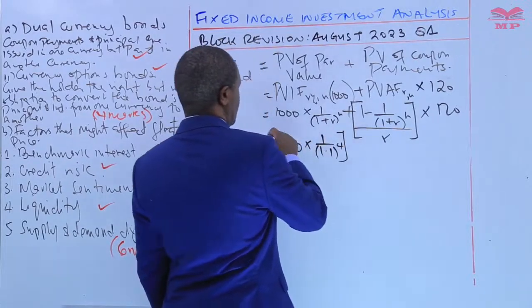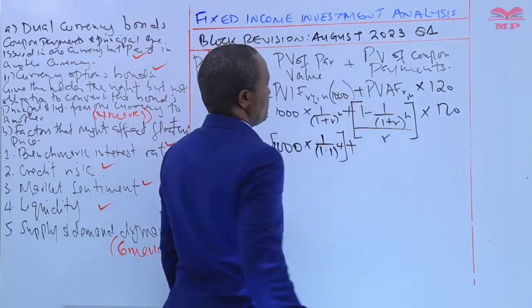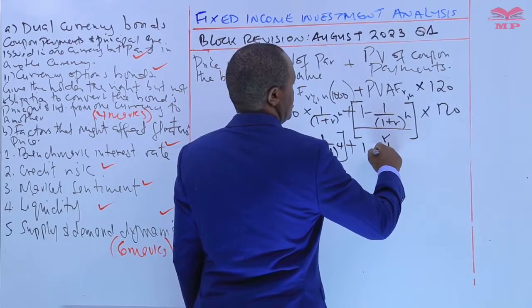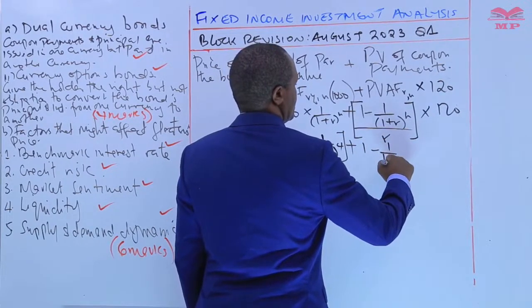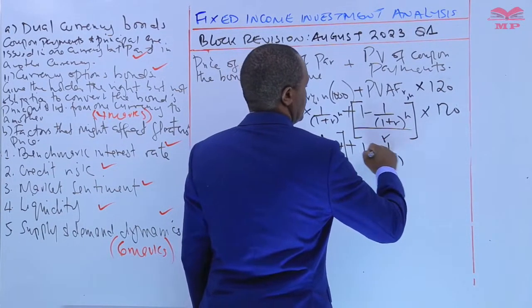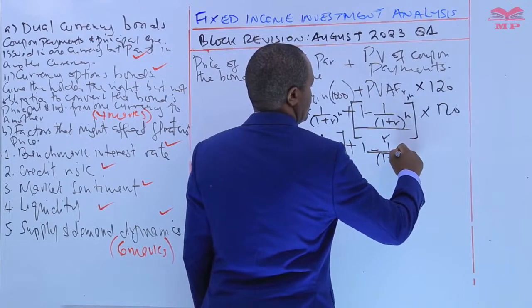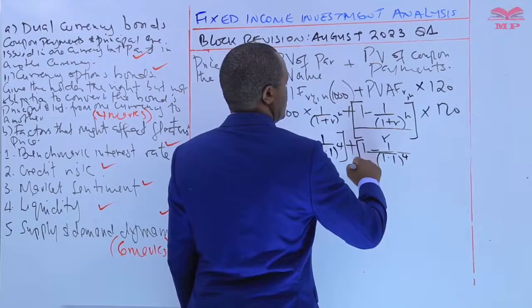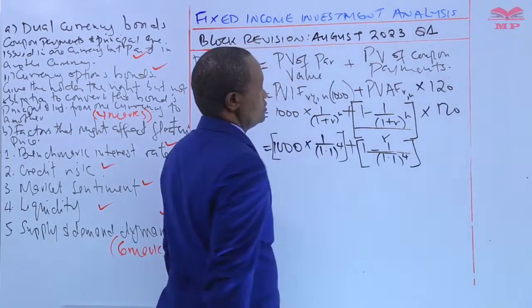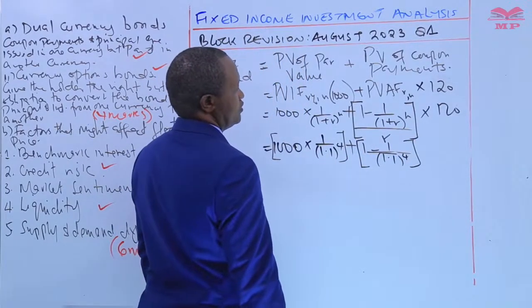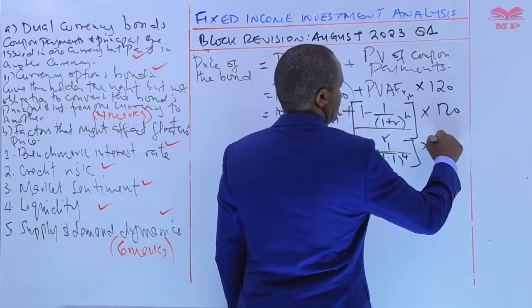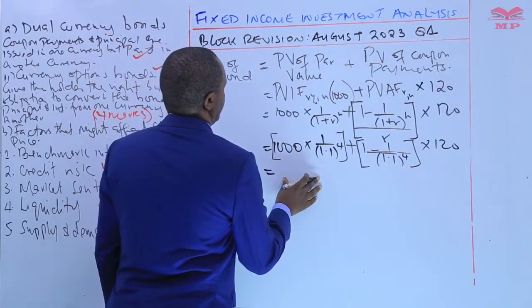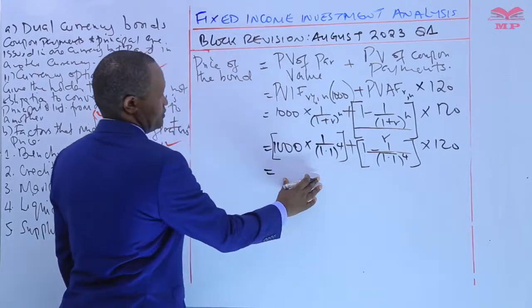So you are going to add here 1 minus 1 over 1.1 raised to 4, times 120. So this is going to be the price of the bond.